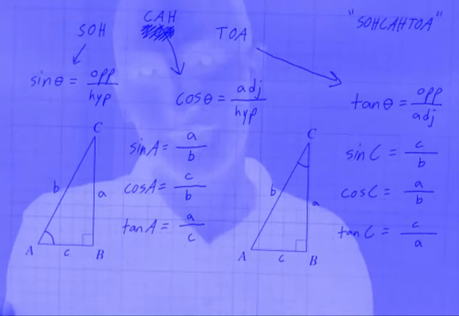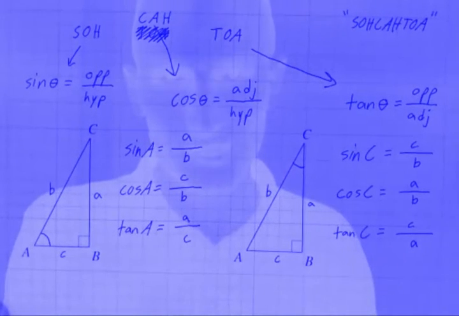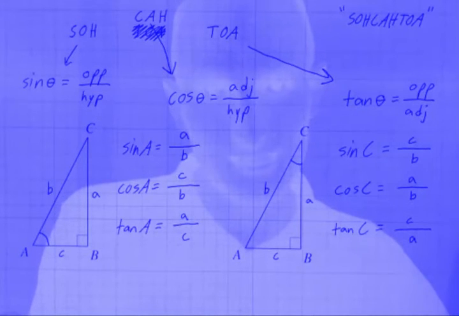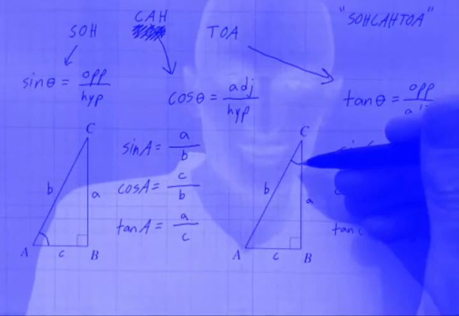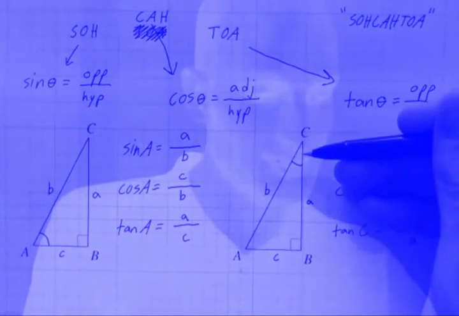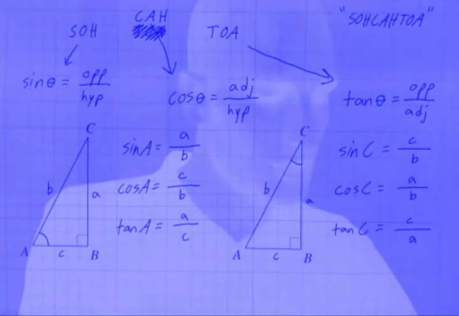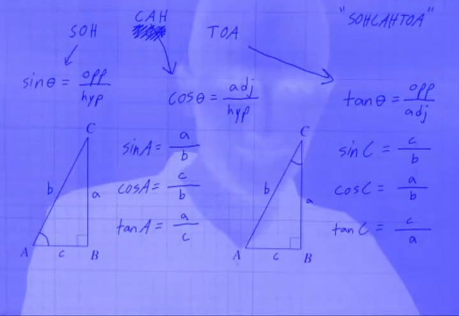Now we changed the reference angle, and we put the reference angle here. And we said, okay, what is the sine of this angle? Not A, this time we're using C. Well, sine is opposite over hypotenuse, so opposite is little c, over hypotenuse is B, C over B.